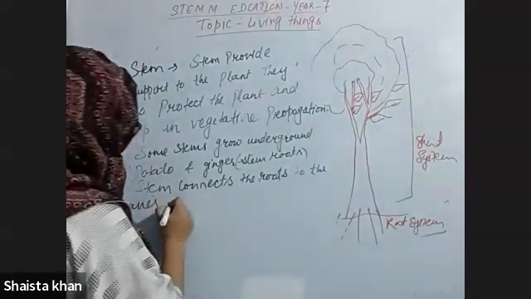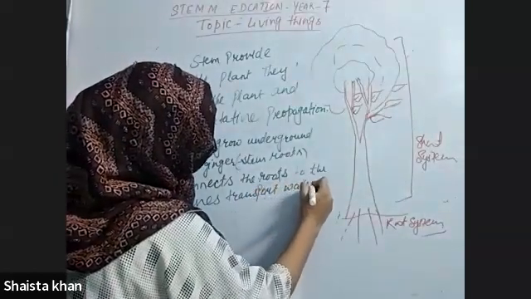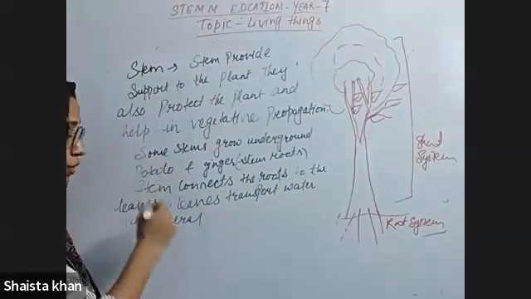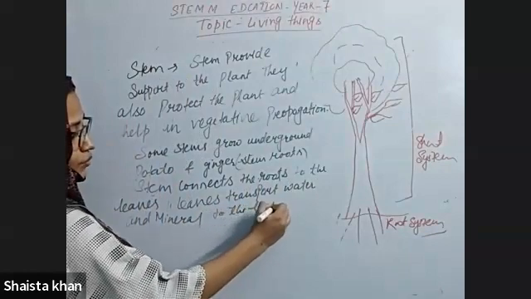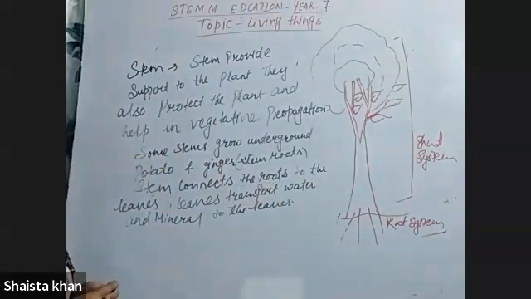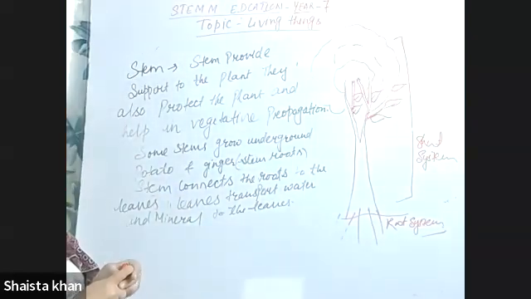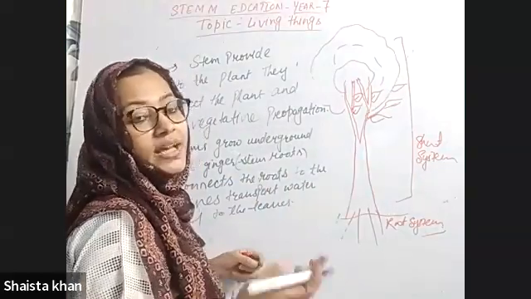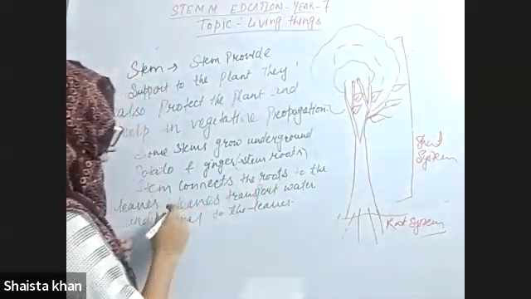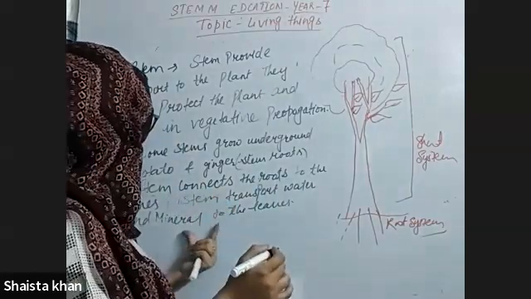So the stem transports water and mineral to the leaves so that they can prepare food in the form of sugar or, basically, starch.